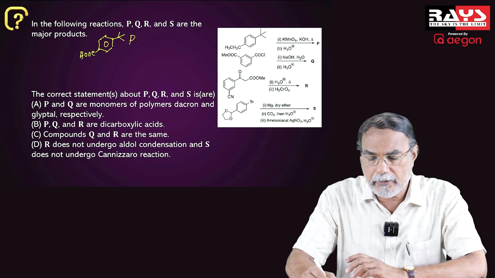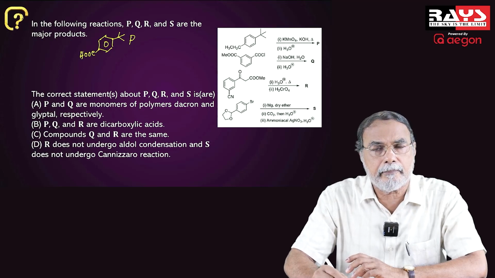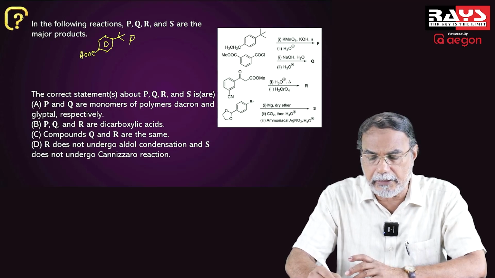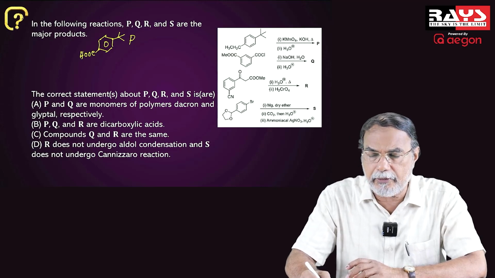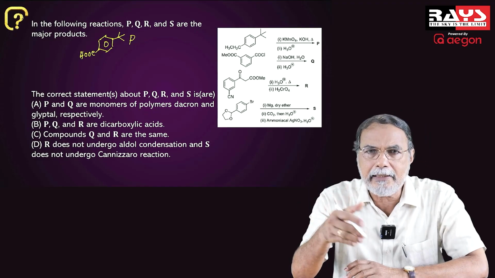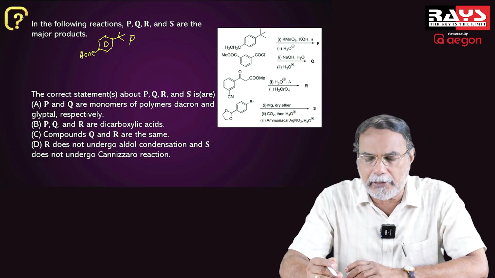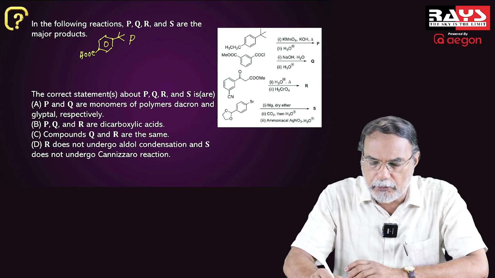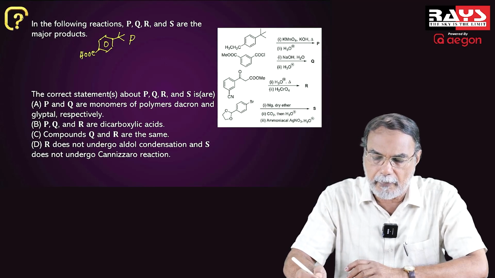that means a hydrolysis reaction. Both the acid chloride and the ester group are derivatives of acids. So naturally on hydrolysis with NaOH, both the acid chloride and the ester group get hydrolyzed and you have COOH here and COOH here.